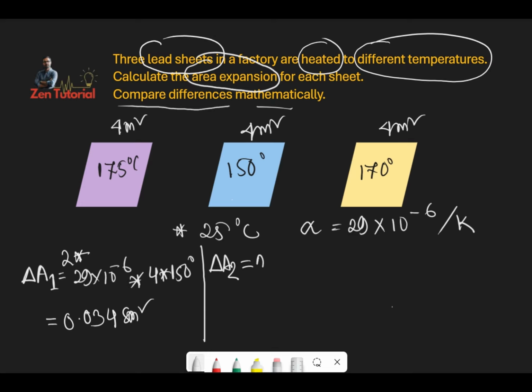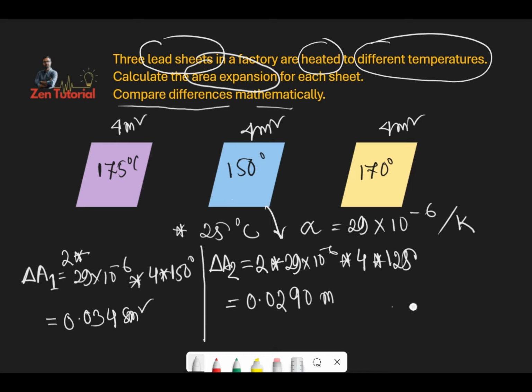Anyways, now it will be 2 times, of course, 29 times 10 to the power minus 6 times the area 4, and the temperature difference is 135 for the second one. So the value will be 0.0290 meter square.